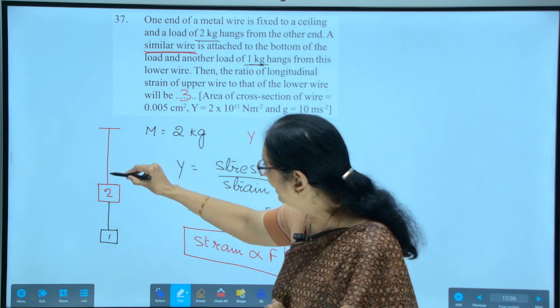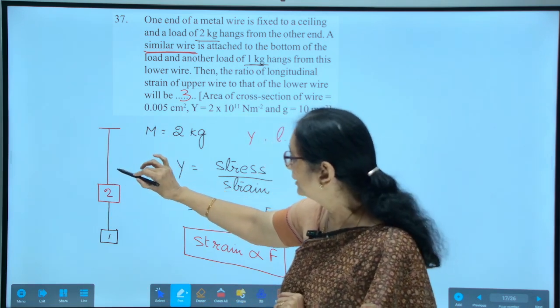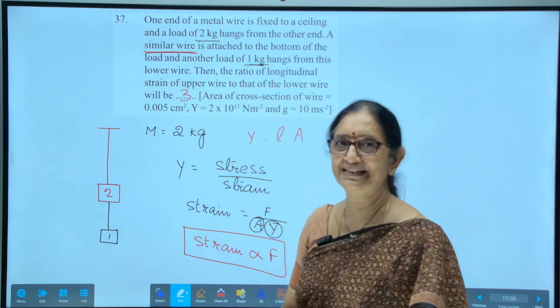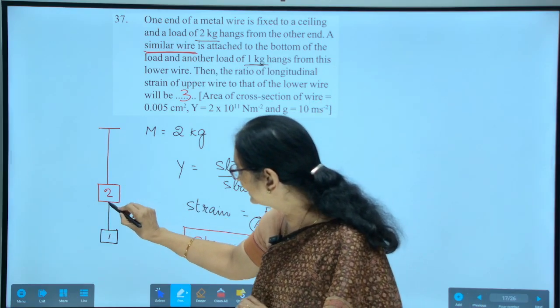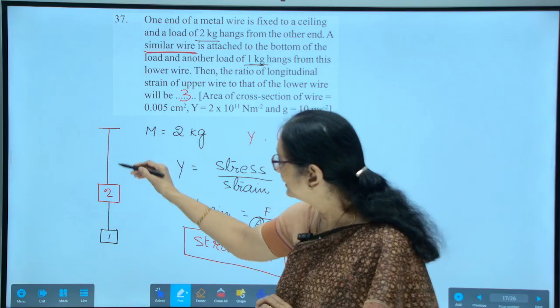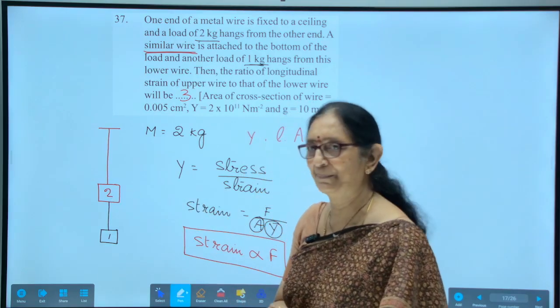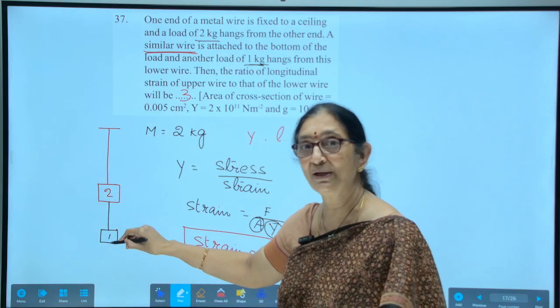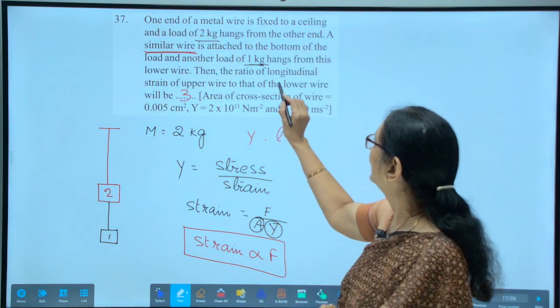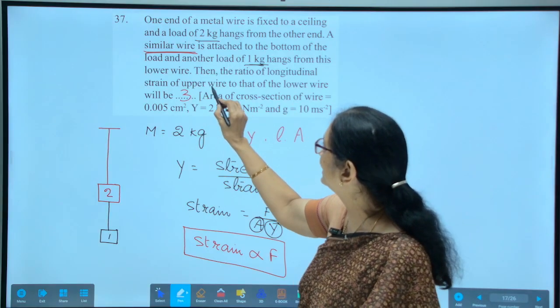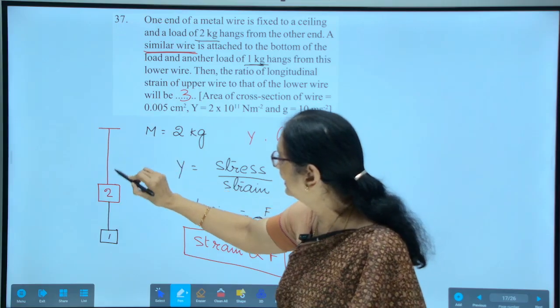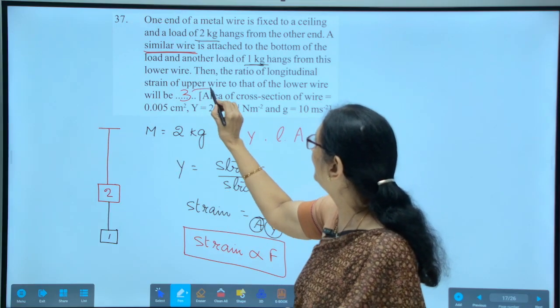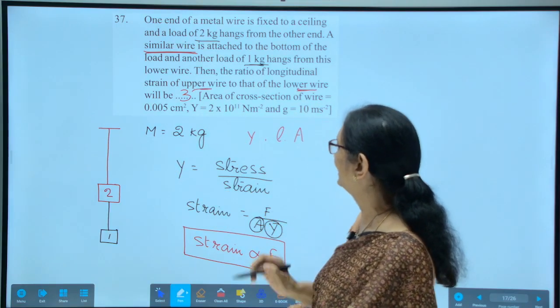This is a wire made of a metal. To the end of it 2 kg is suspended. At the bottom end of the load, the same material wire is suspended and another 1 kg is attached to the lower end of the second wire. The ratio of the longitudinal strain of the upper wire to the lower wire is asked.